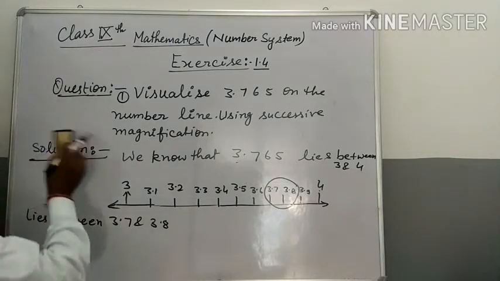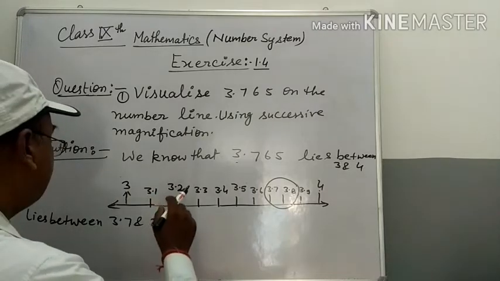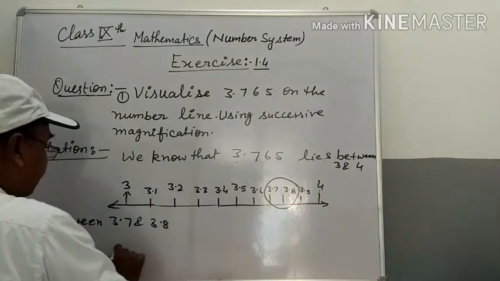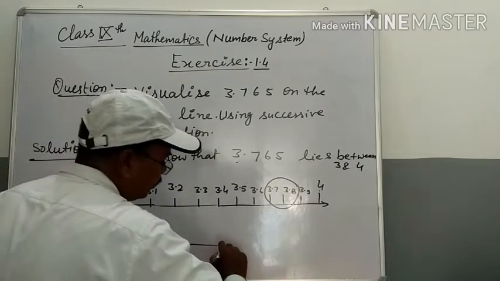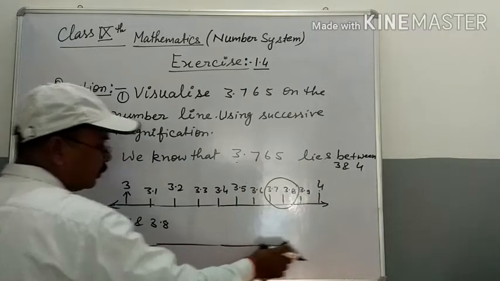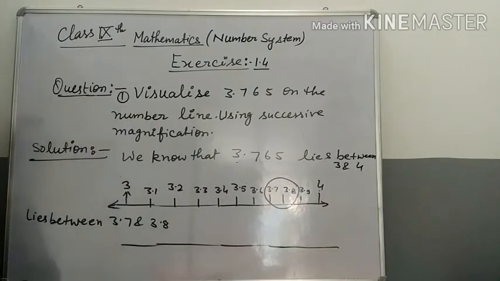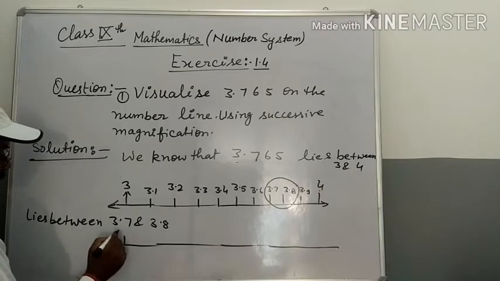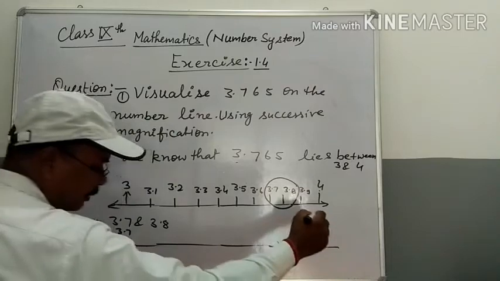Now we draw the next line, students. For this, 10 parts between 3.7 and 3.8, 10 parts.